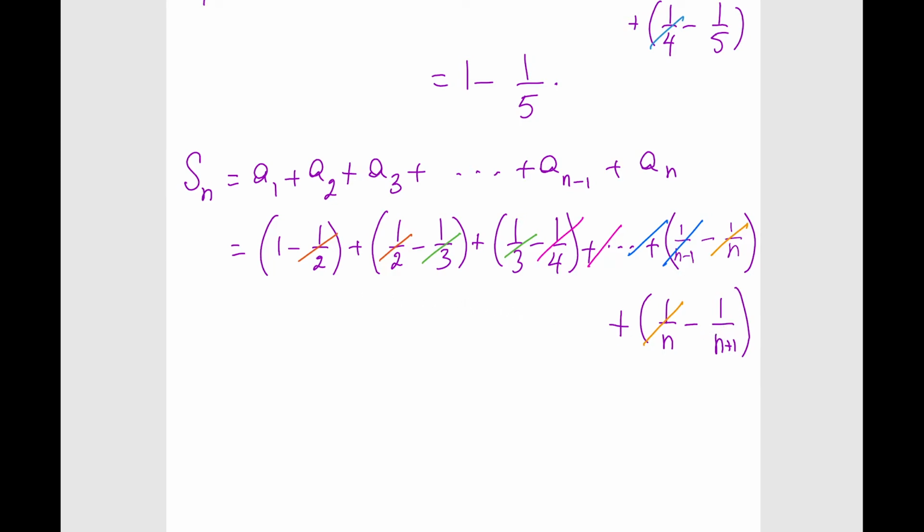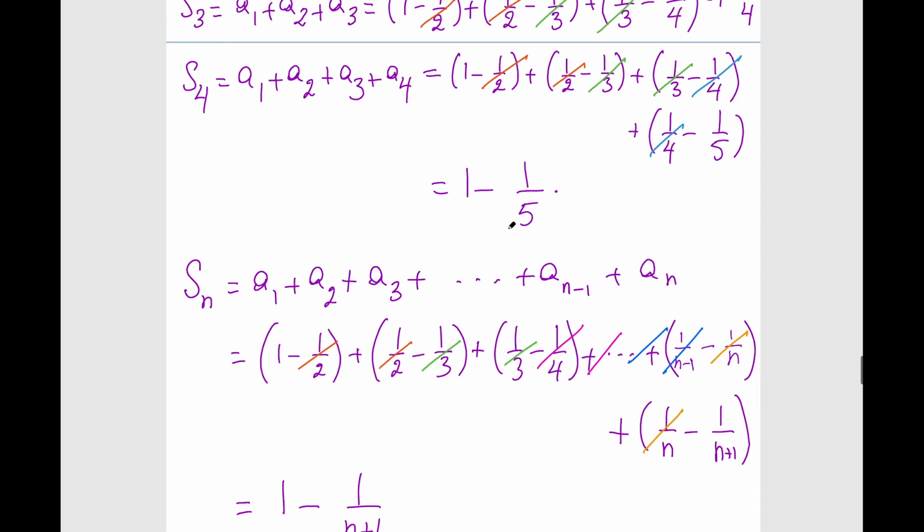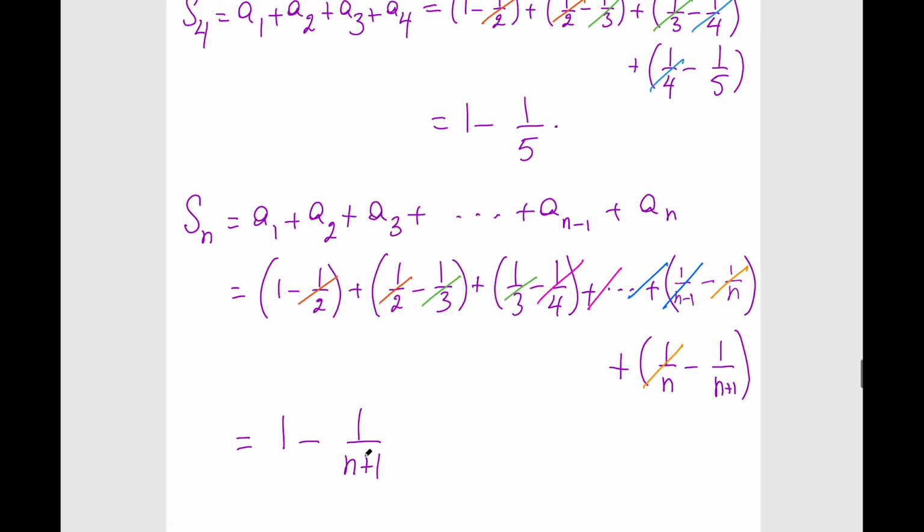So what's going to happen is this is 1 minus 1 over n plus 1. Correct? So this is more than being a guess at this point. It's the truth, right? This sum is said to be a telescoping sum because as you see, it collapses like the pirate's telescope. Okay. So Sn is 1 minus 1 over n plus 1 as expected. S4 was 1 minus 1 over 5, so that 5 is 4 plus 1, right? So n plus 1 in this case would be 5.